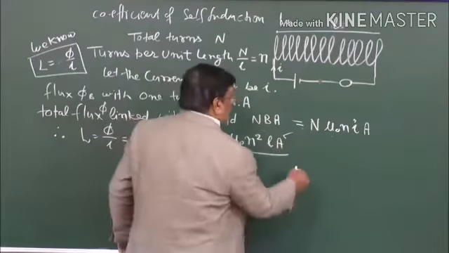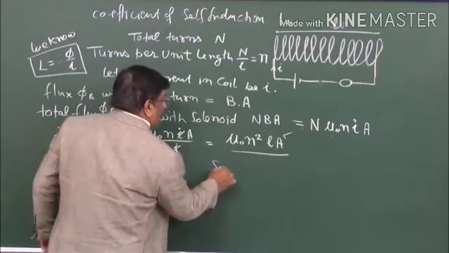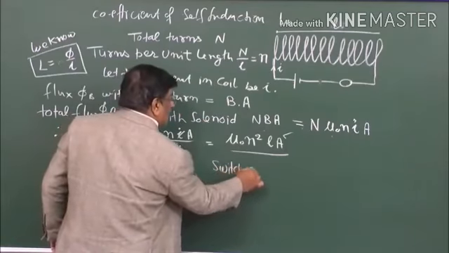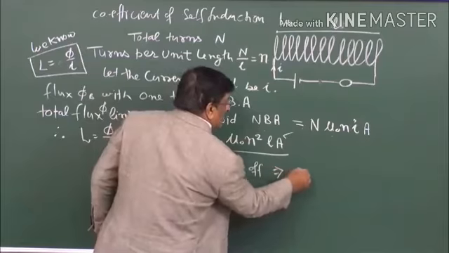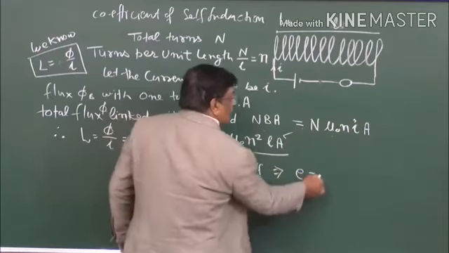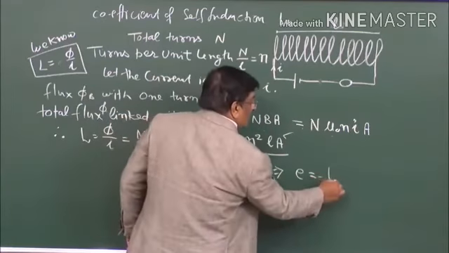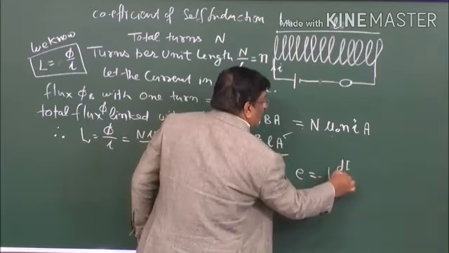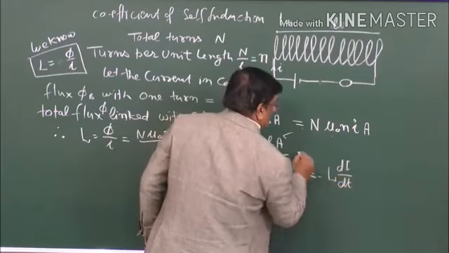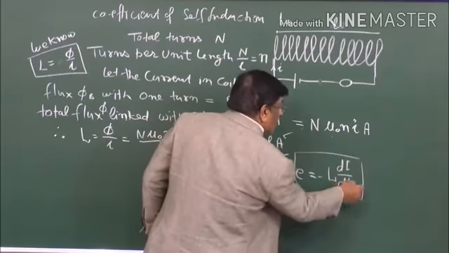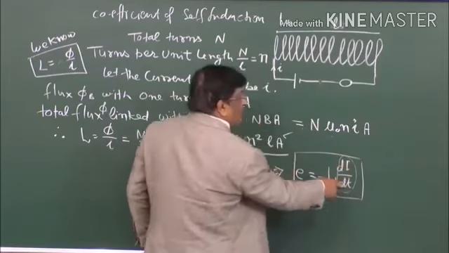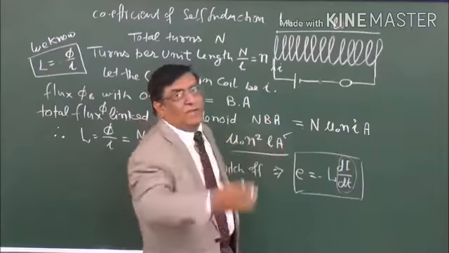At the time of switch off, how much is the EMF induced? This is equal to L di by dt, and this dt is so small that this value is very high. So EMF is very high.